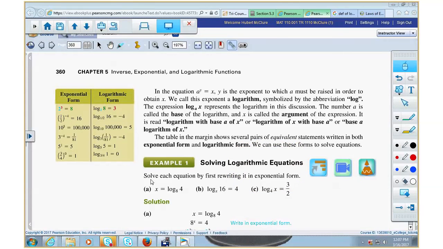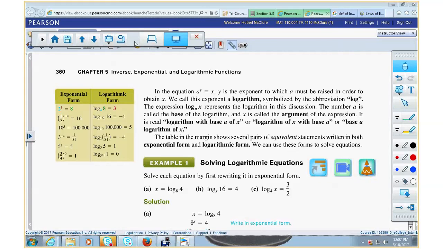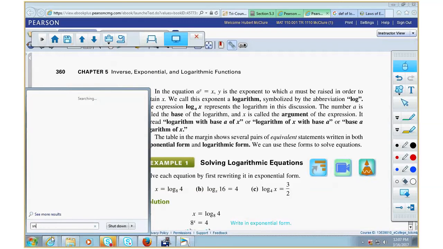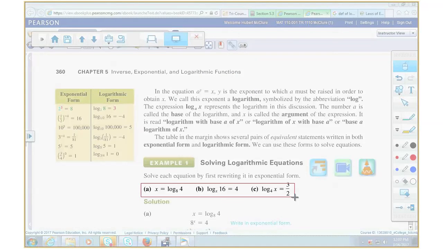All right, let's look at these three right here. And I'm going to take my handy dandy inserter and bring in, oh shoot, I can't bring them in. Okay, well, let me do this. Things I do for y'all. Snipping tool. Oops.